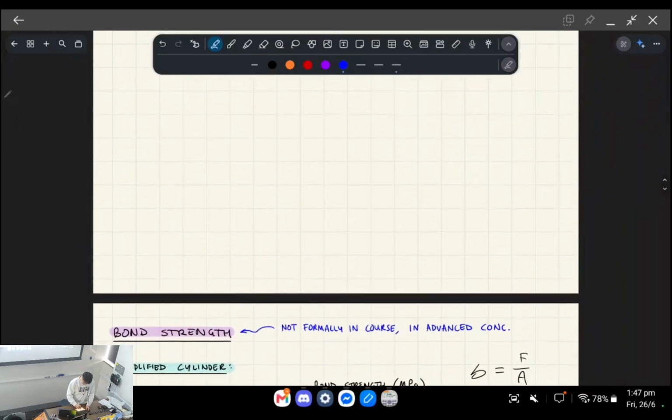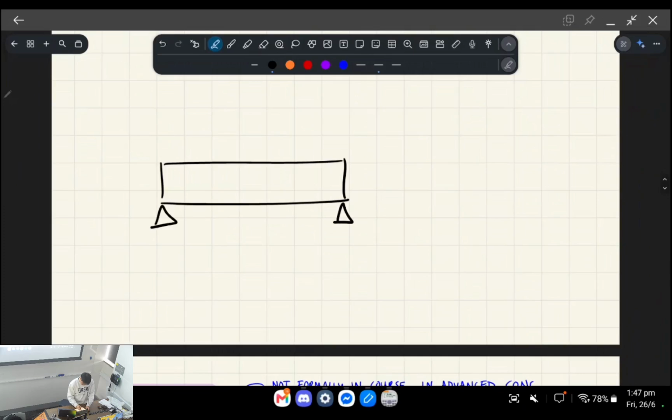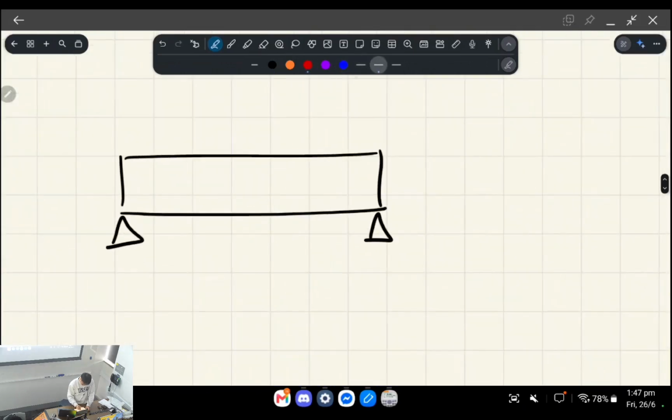Okay, actually, sorry, a bit more context. So if I've got a concrete beam, okay, and let's say I draw in the tensile reinforcement like so.